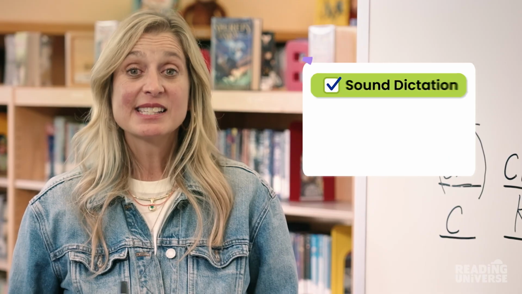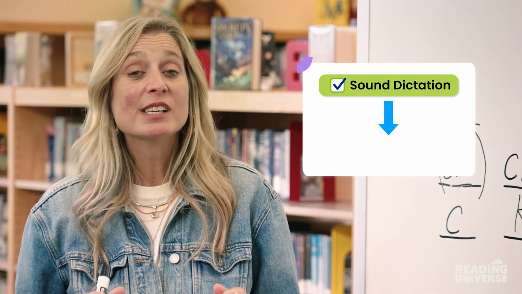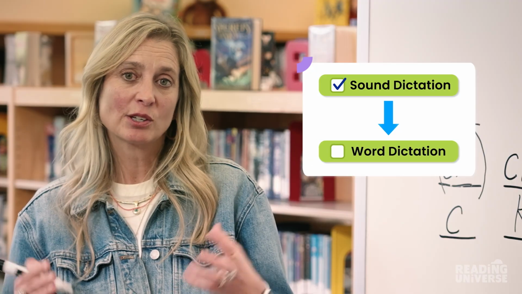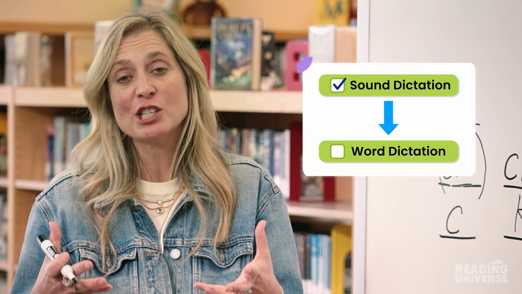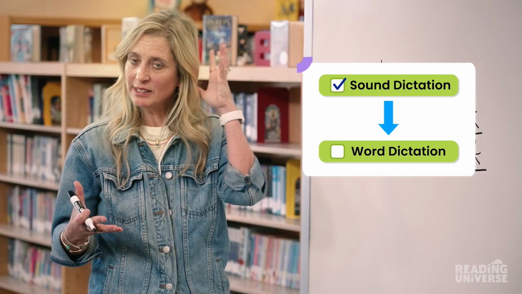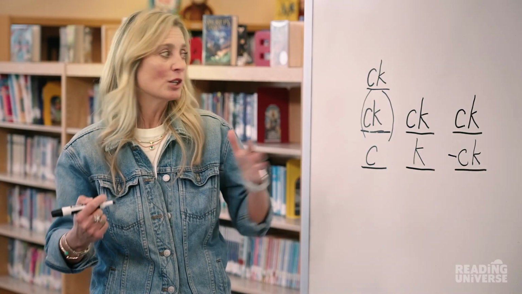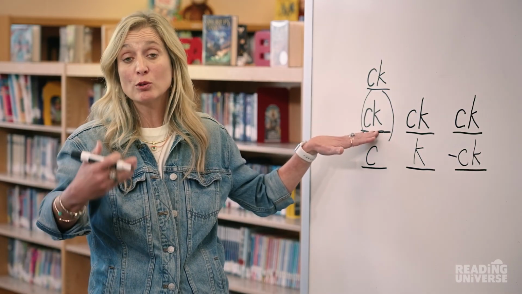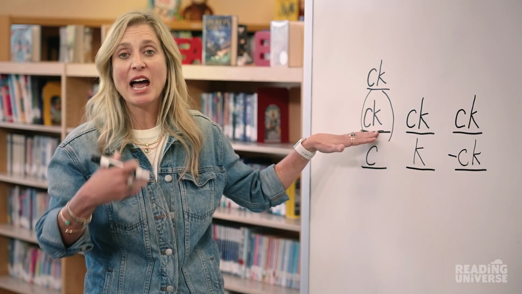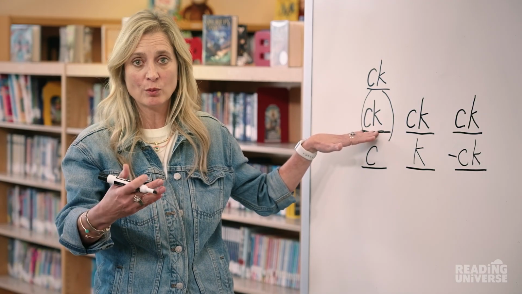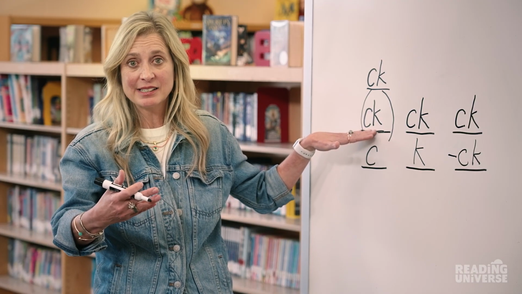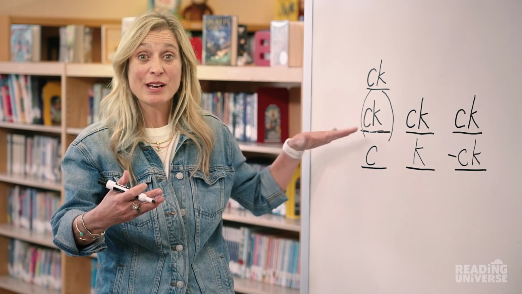So that's another way you can use the sound dictation later in the week to support the work of the CK rule. Sound dictation is so essential for success in word dictation because what we've done is we've taken this new pattern so they can hear it, they can spell it, so we know that they can represent the k sound after a short vowel at the end of a 1-syllable word in isolation. So now they are ready to go into word dictation where they are going to spell words that have the CK rule in them.